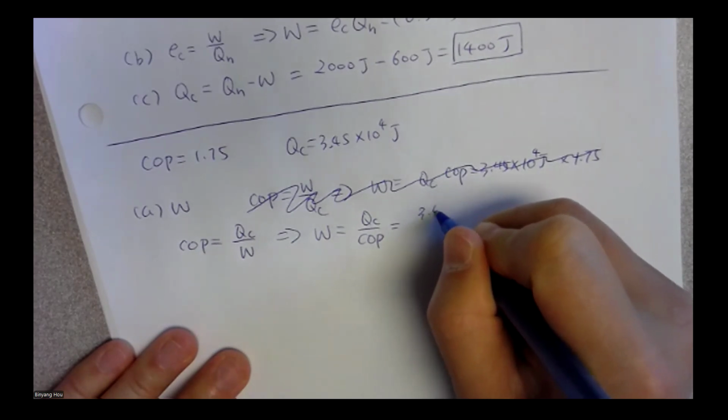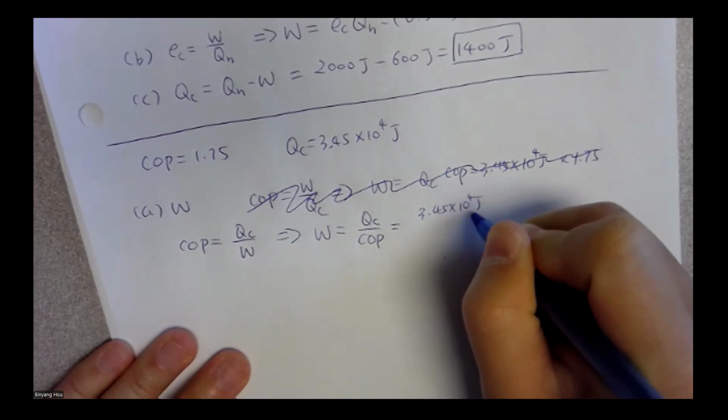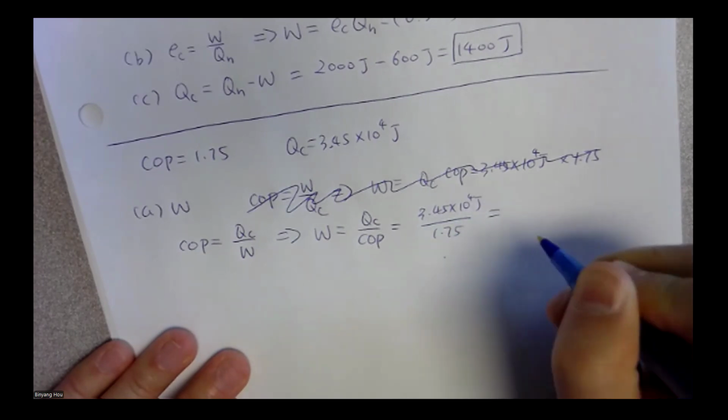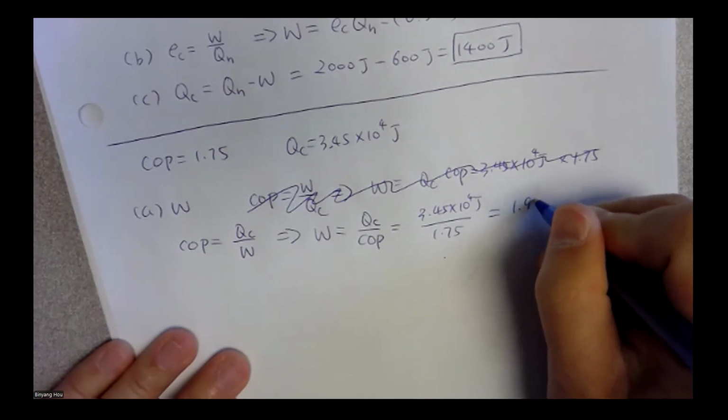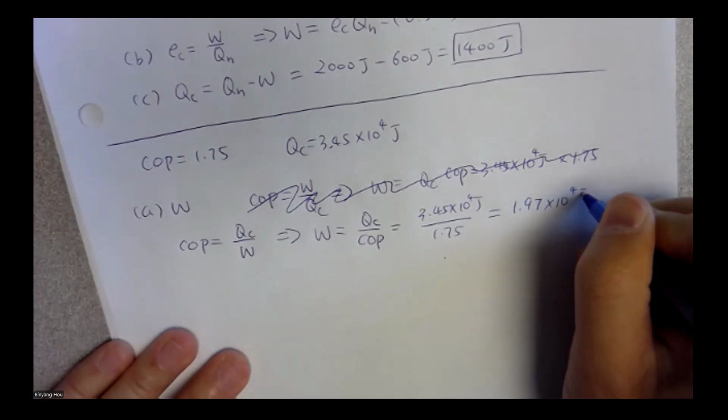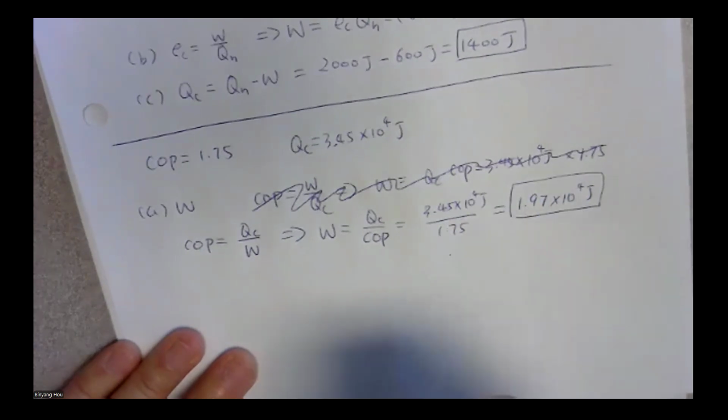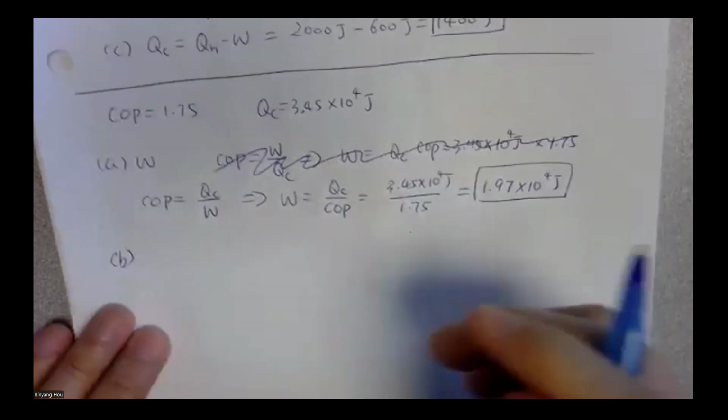So this will be 3.45 times 10 to the fourth joules over 1.75. That gives you 1.97 times 10 to the fourth joules for the work needed to operate this refrigerator in one cycle.